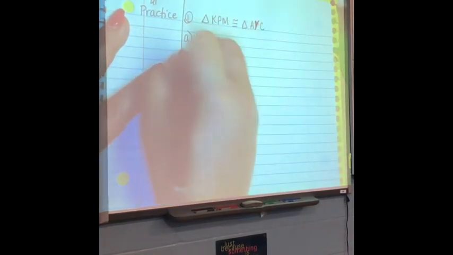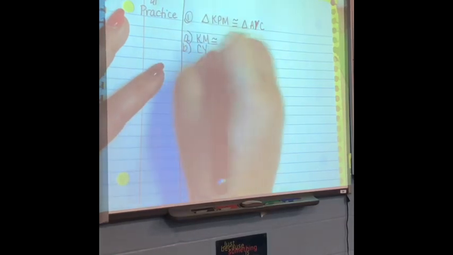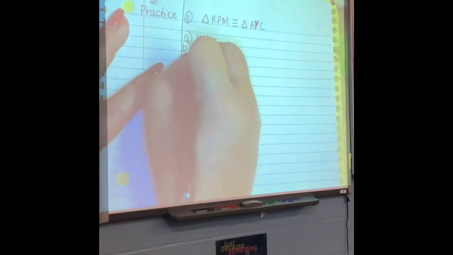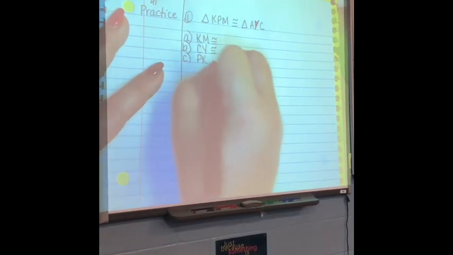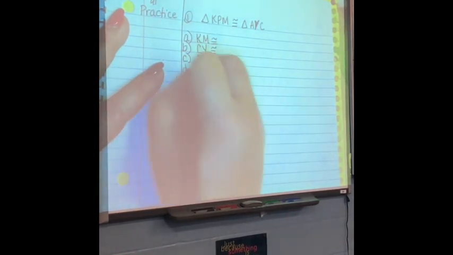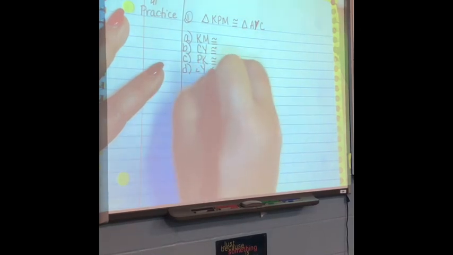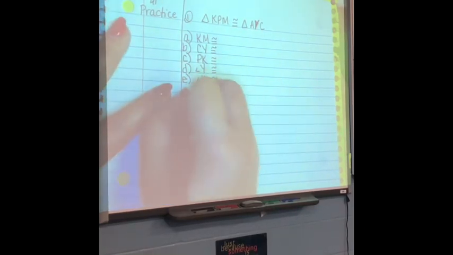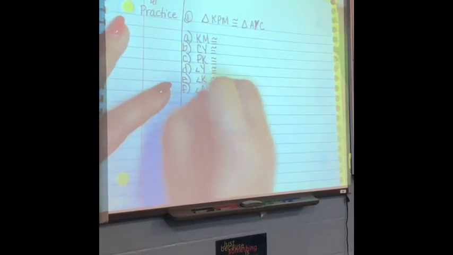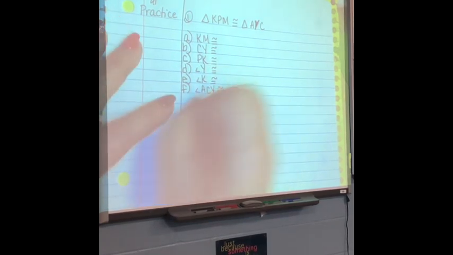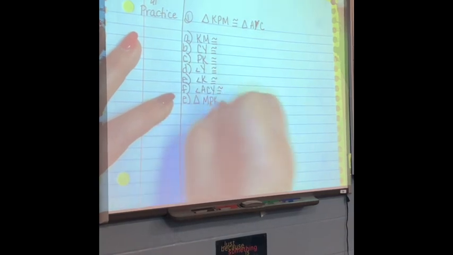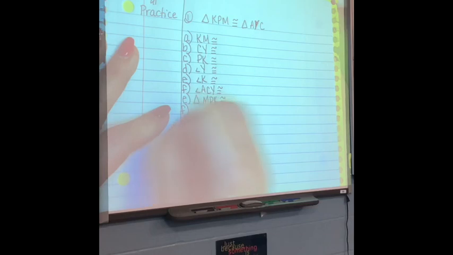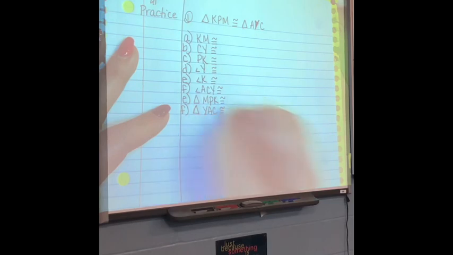KM, CY, PK, angle Y, angle K, angle ACY, triangle MPK, and triangle YAC.